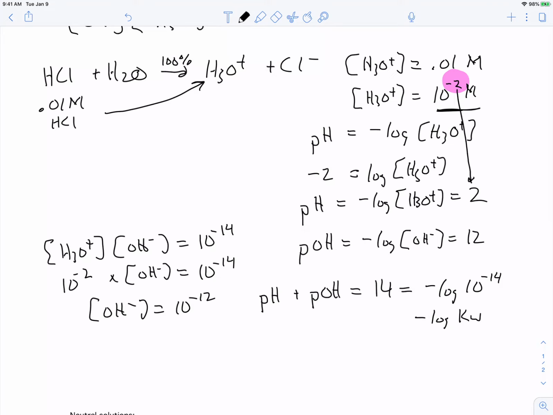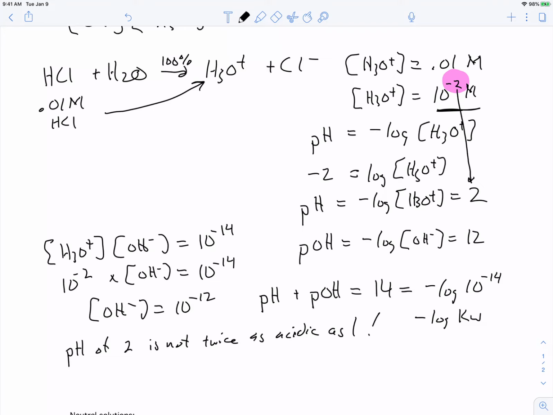So maybe you've heard that the pH of certain solutions is neutral or acidic or basic. How does that work? Well, first of all, I want to explain that a pH of 2 is not twice as acidic as 1. Definitely not.